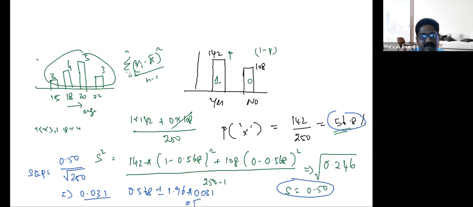If you simplify this, you'll get the lower bound and upper bound. I have roughly calculated that it is found to be 50.72 percent to 62.8 percent. So the population proportion will lie in this 95% confidence interval range.